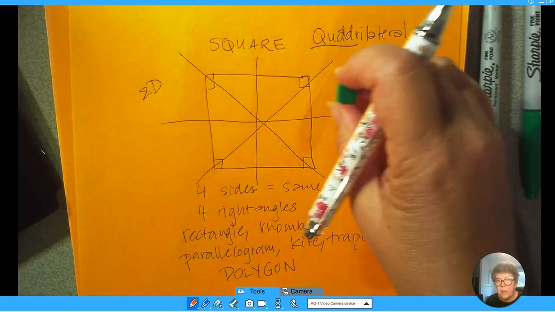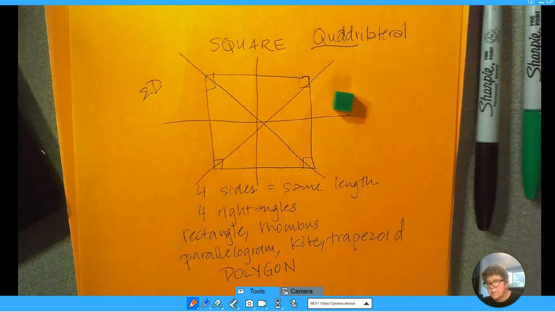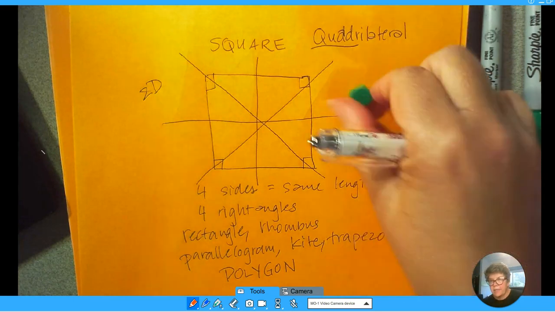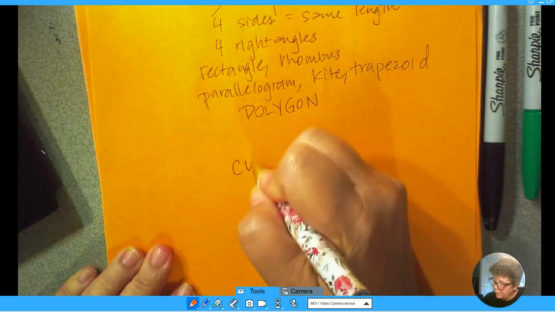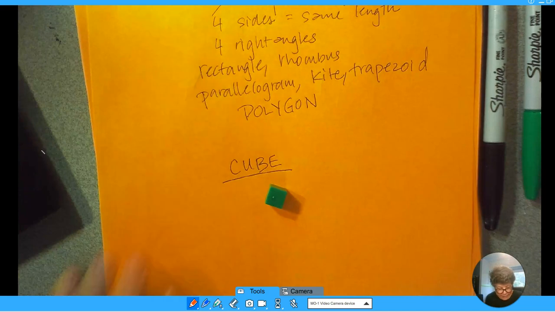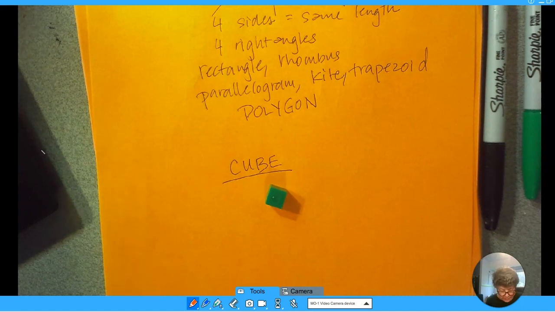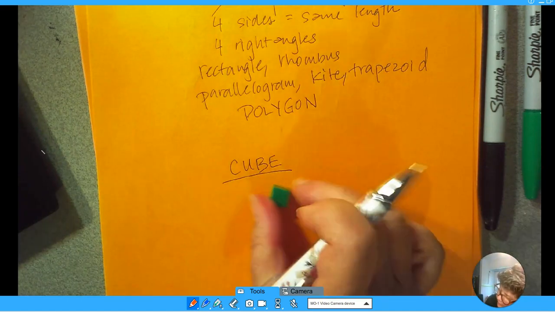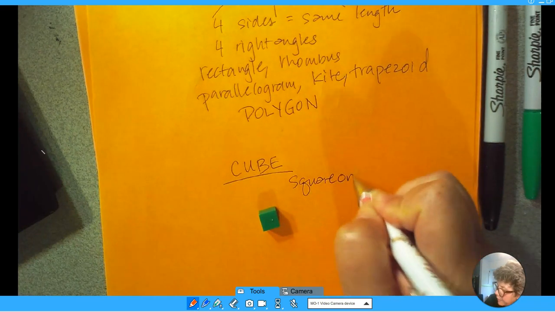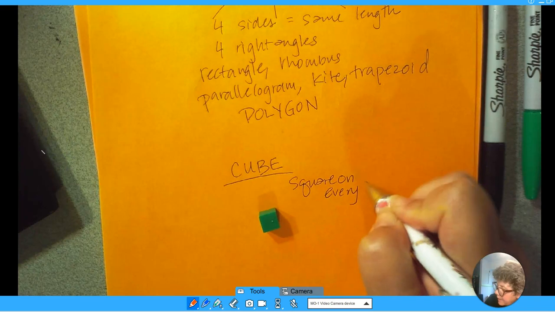All right, now let's look at something else. It's a little bit of a small one, but what is this? That is a cube, right? And let's talk about some of the properties of a cube. It is not flat like the square. It has a square on every side.